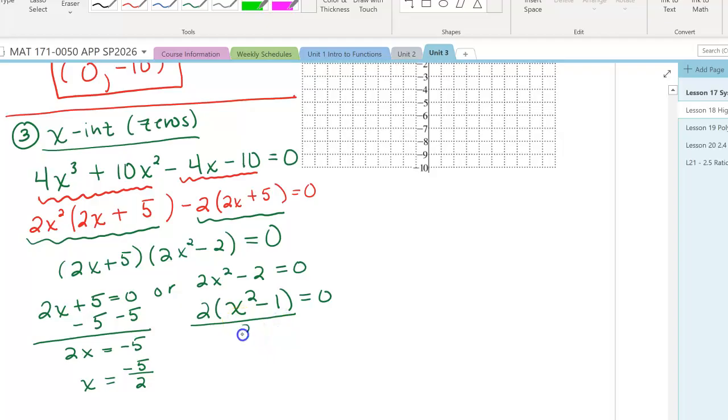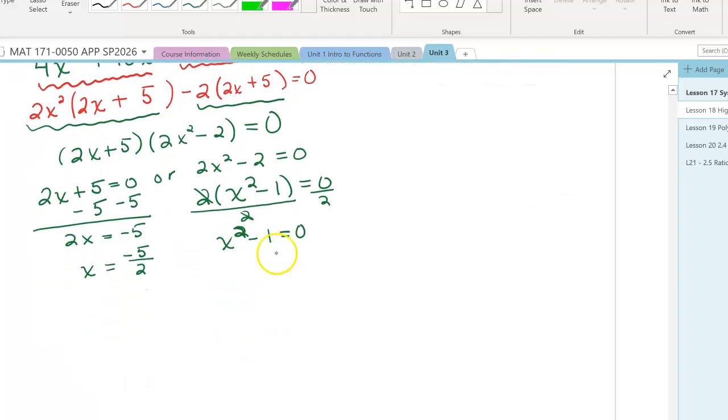Then if I divide both sides by 2, 0 divided by 2 is still 0. This is a difference of squares, so that can be factored as x plus 1 times x minus 1, and that's equal to 0.